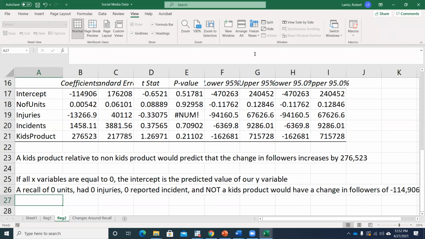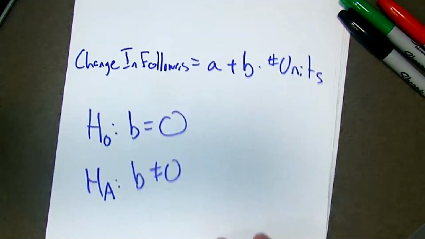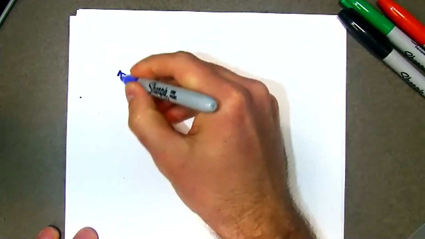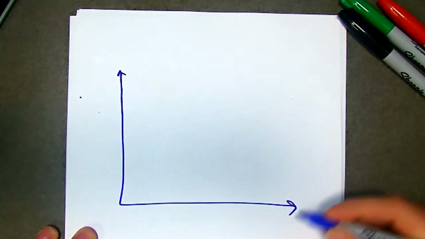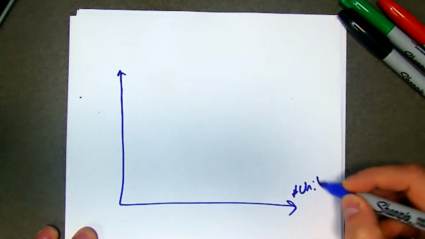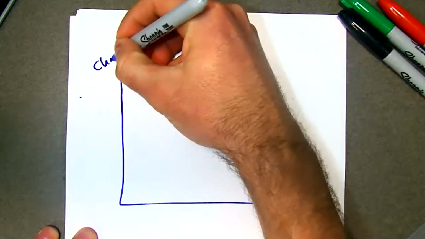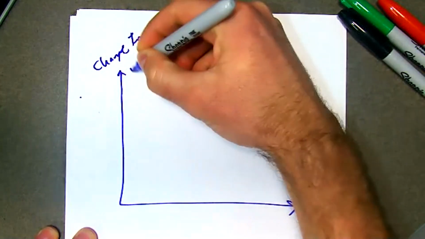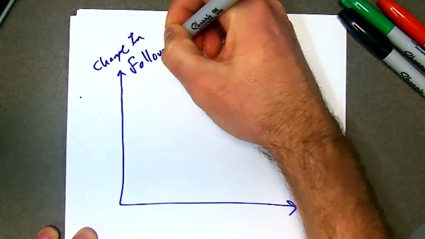But the idea here is that if we have a recall, if I'm trying to estimate, let's say, the relationship between number of units recalled and change in followers, right? Those are my x and y variables.